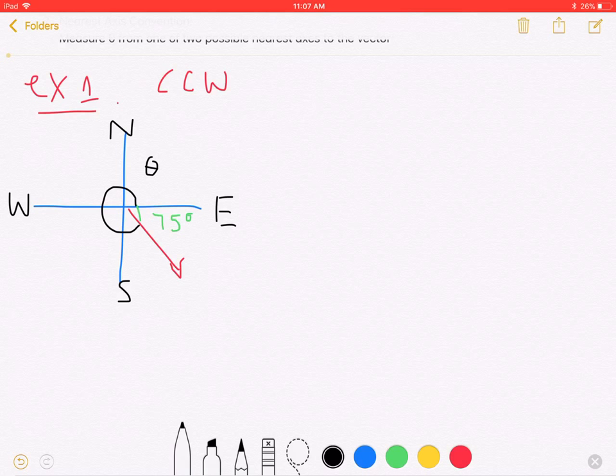Okay, so we know that from east, going all the way counterclockwise back to east again, would basically make a circle, right? A circle is 360 degrees. So to find theta, we're going to take 360 degrees and subtract 75 degrees.